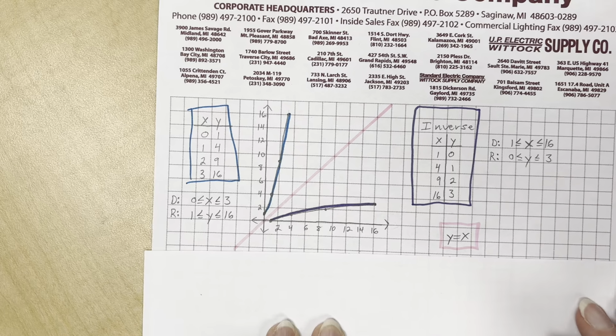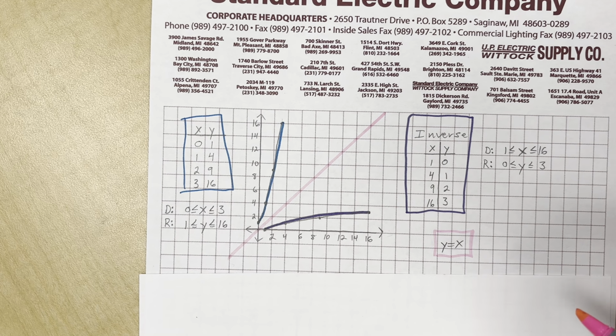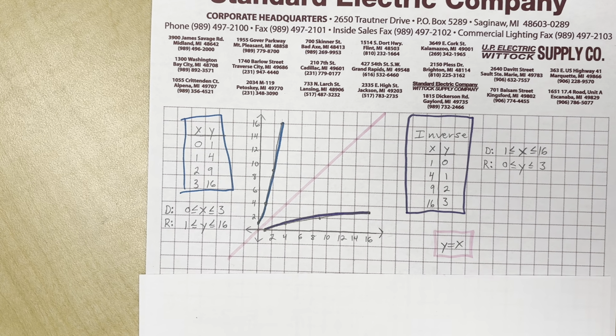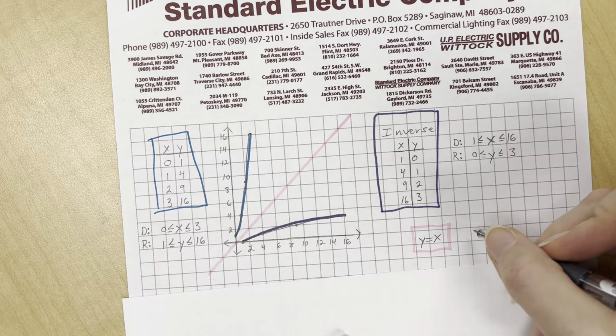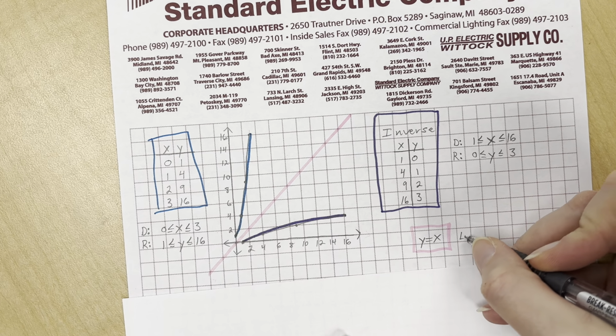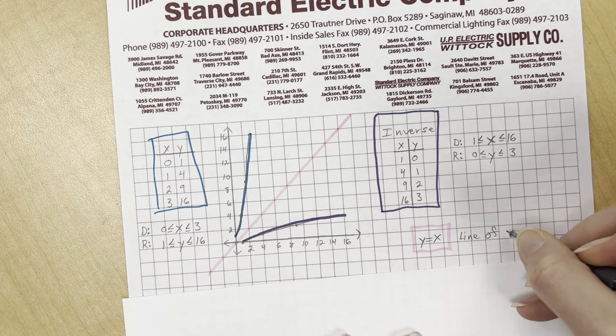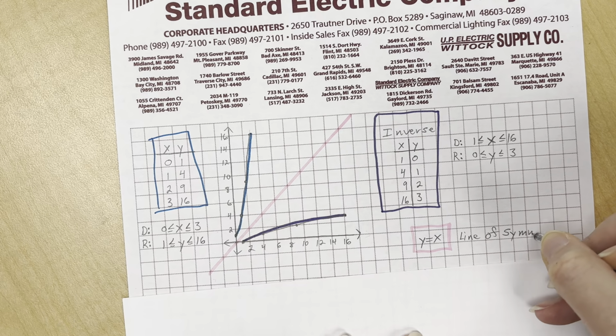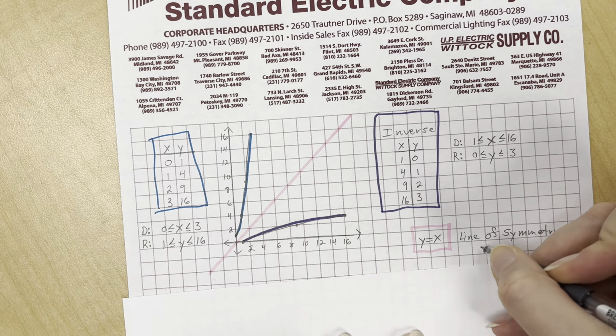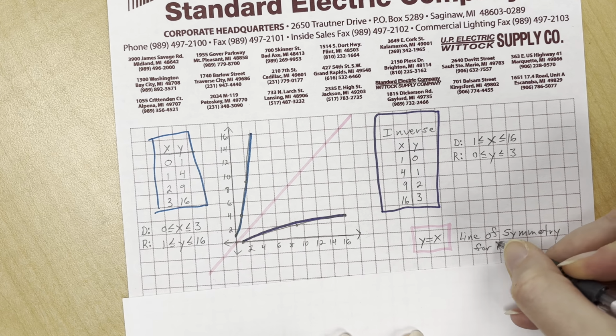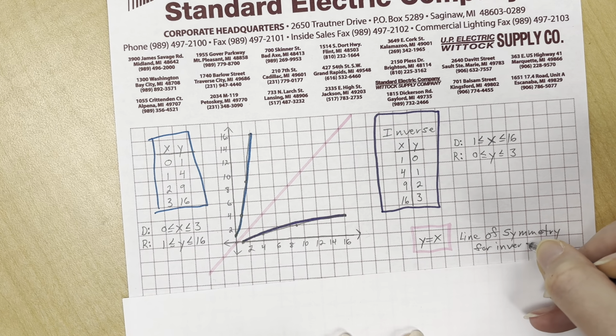If the two graphs that you have have y equals x as a line of symmetry, then yes, that's another visual way to tell what an inverse might look like. All right, so we have just said that y equals x is the line of symmetry for inverses, and that is always true.